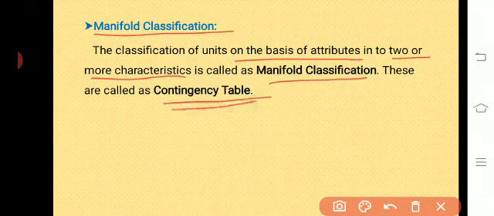For example, the group of people can be classified on the basis of gender and religion. So gender and religion both are qualitative characteristics, and the group of people is distributed or classified in two characteristics. So this is called manifold classification.